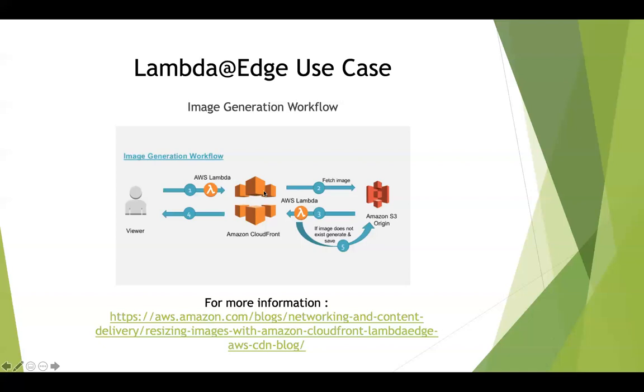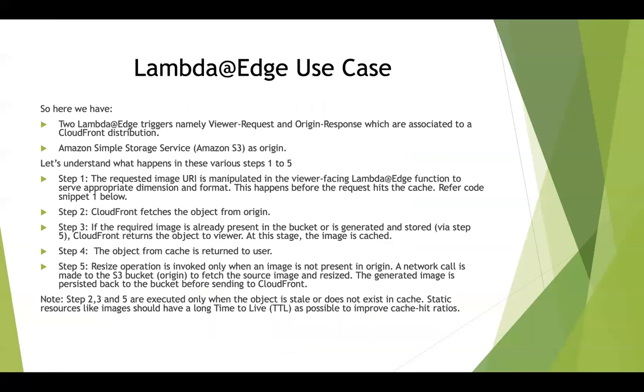Where you would need to run such a function is because in this particular use case, you're going to check whether the person who is accessing your application is accessing it from an Android based mobile browser or from a laptop based browser. That's where you run the Lambda function. The requested image URI is manipulated in the viewer facing Lambda function to serve the appropriate dimension and format.